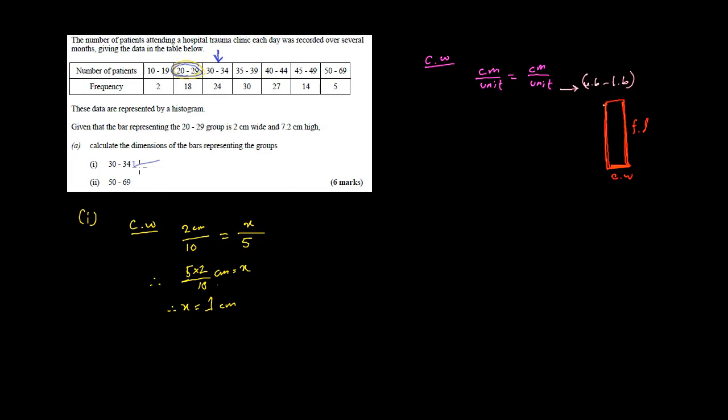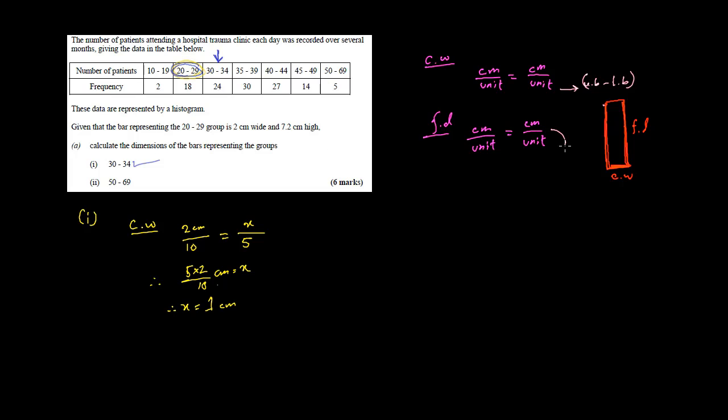We now need to find the frequency density. The dimension refers to the class width and the frequency density. So similarly, for frequency density, it would be the centimeter that is given and the unit of the frequency density, which we can calculate from here, equal to another centimeter divided by the unit of the frequency density that would be given.